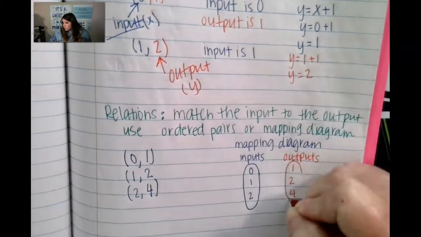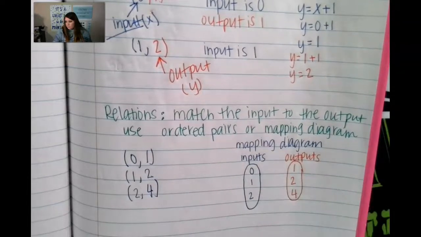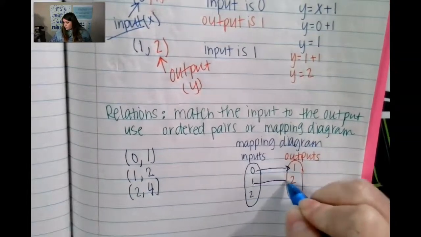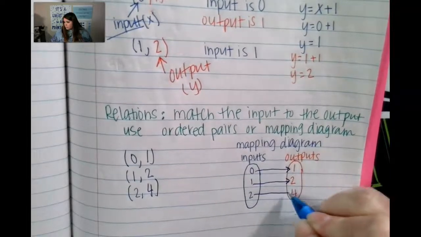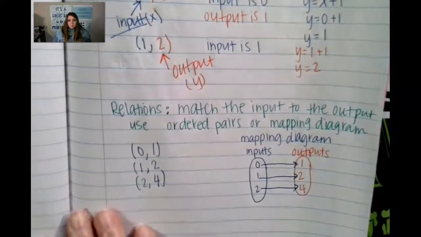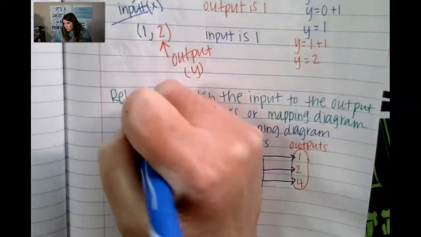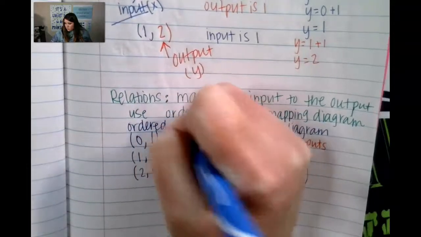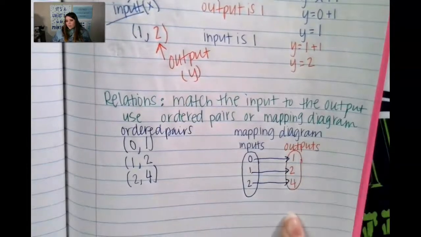And it will match them using an arrow. So you have ordered pairs here, and we have mapping diagram.